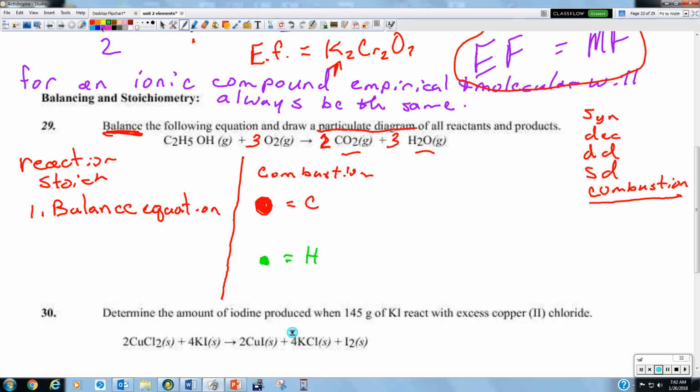So our compound is C2H5. Oh, I need an O, don't I? Let's do yellow for O. All right, so C2H5OH.